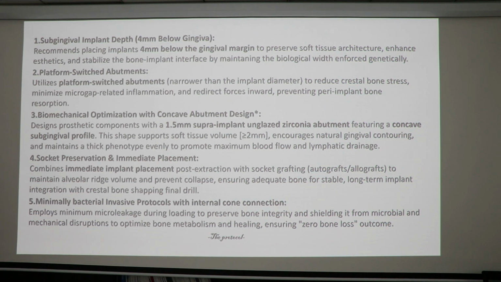Socket preservation and immediate placement. Combines immediate implant placement post-extraction with socket grafting, autografts or allografts to maintain alveolar ridge volume and prevent collapse, ensuring adequate bone for stable long-term implant integration with crestal bone shaping final drill.